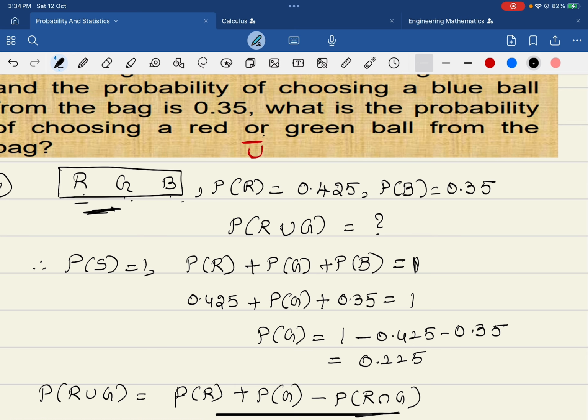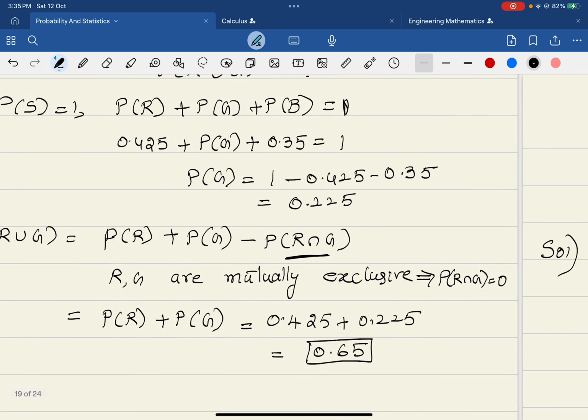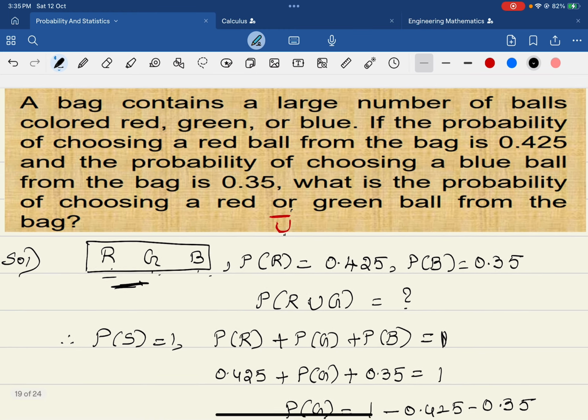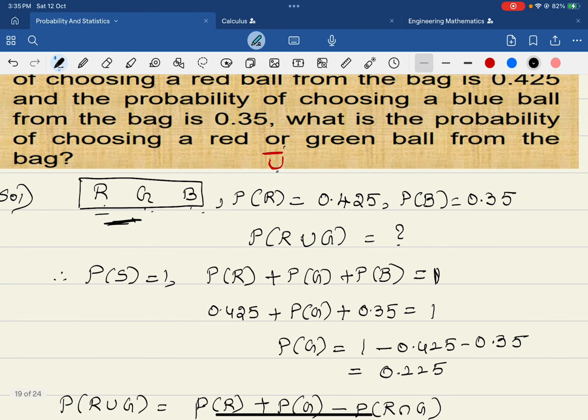Where there is OR, there is union, and where there is union, we are adding. So where to use addition and where to use multiplication is very, very important. And whatever events you are taking, you have to check whether the events are independent or not. If they are independent, then the probability of the intersection is the product; and if A intersection B is the empty set, the events are mutually exclusive.